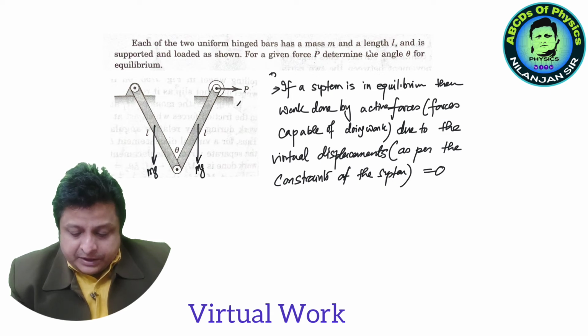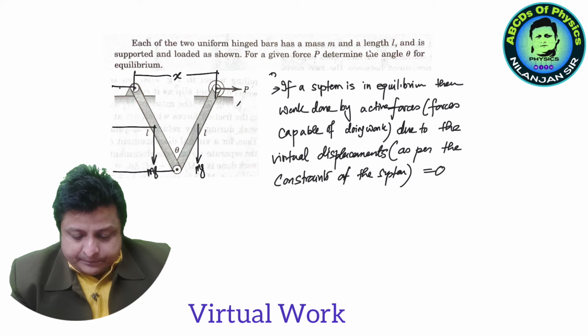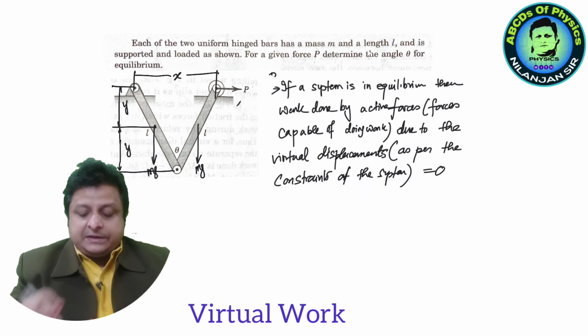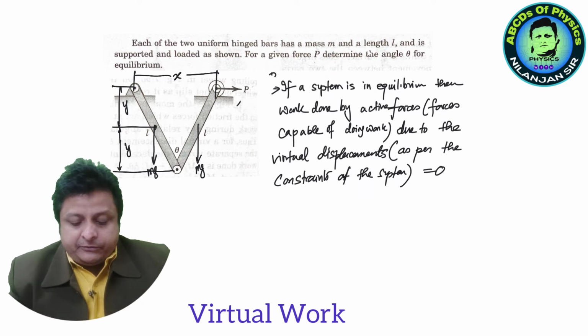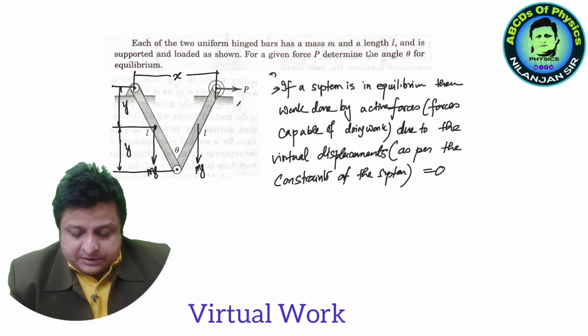Now we can regard this as x and this as y. Because the center of gravity is at the midpoint, and from this simple right-angle triangle, you know this angle is theta by 2.